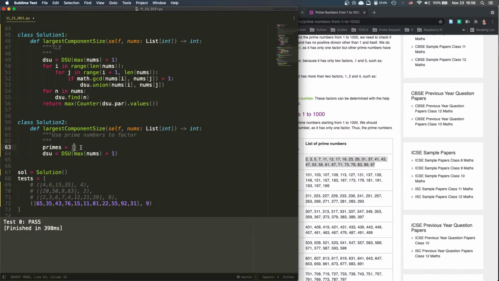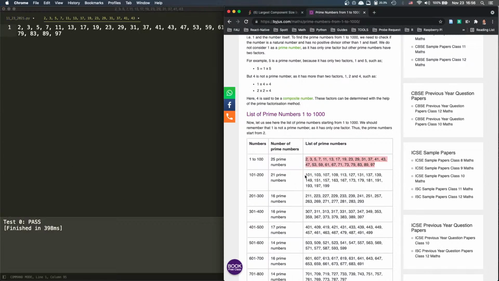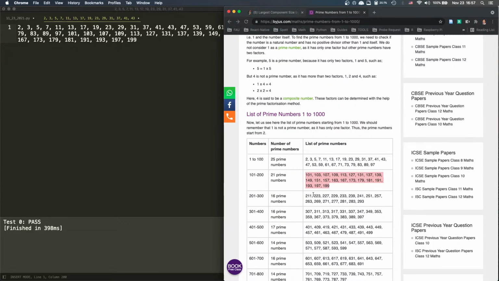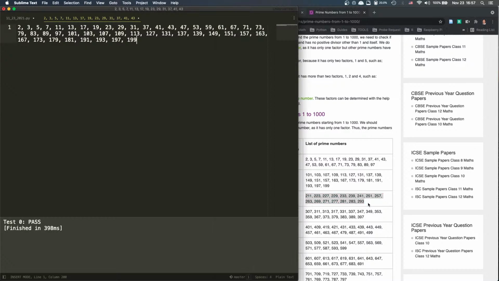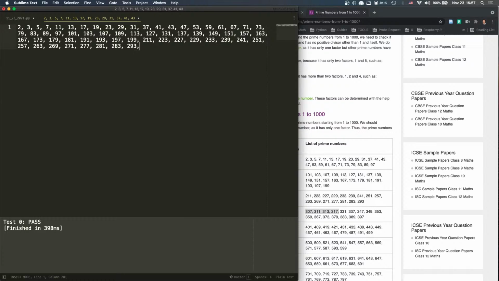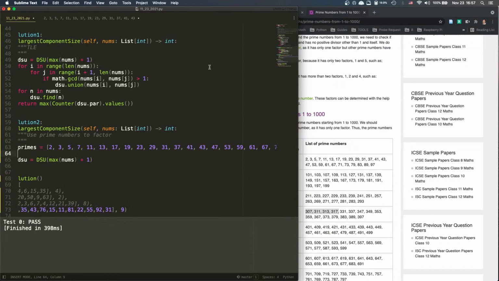Probably will be a nice idea. Let's do this. 100, 200. All right, what's next? To 300. What's next? To 317. All right, that shall cover. There we go. So we can copy this. Boom. All right, so that's our prime numbers.